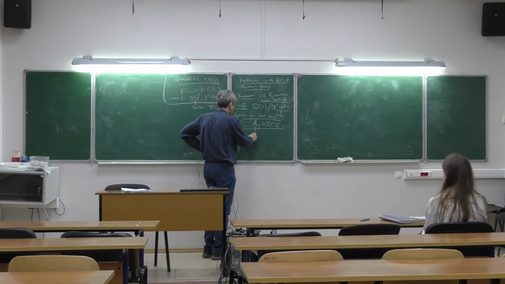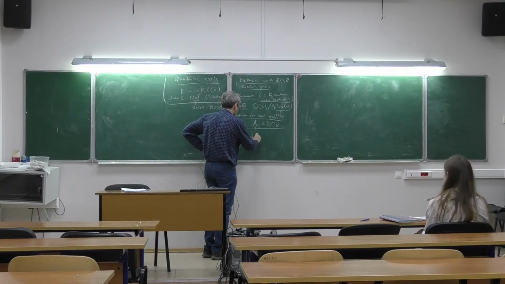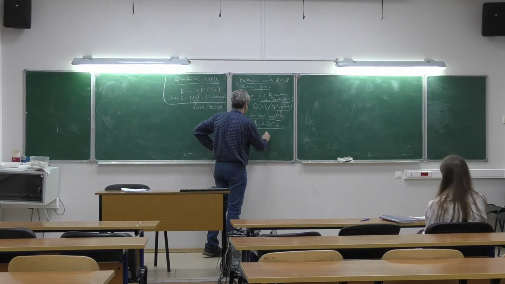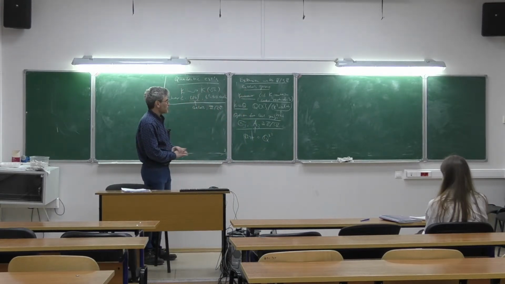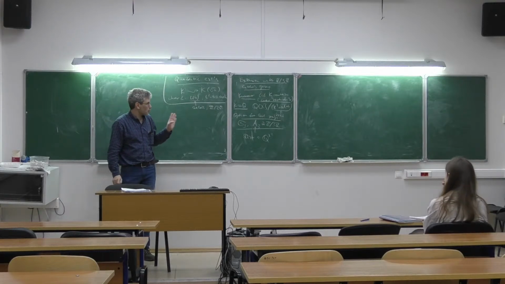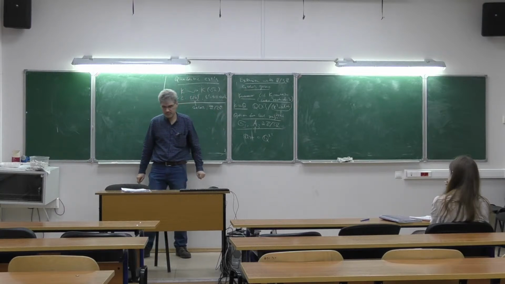So this means that the discriminant is a square. Yes, that's right. But you see that the cubic root does not work in the case of real numbers, rational numbers.